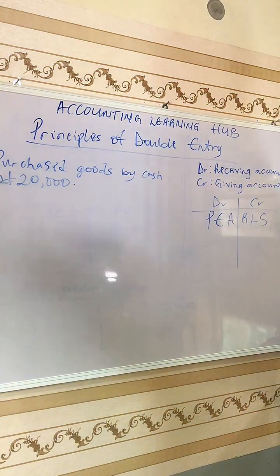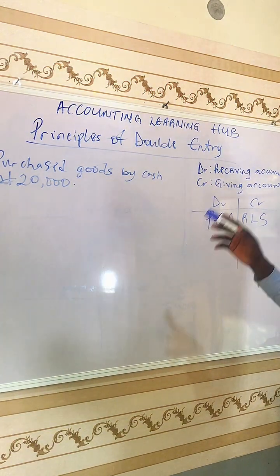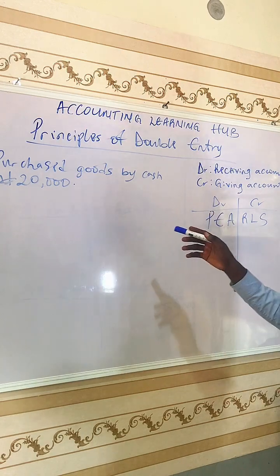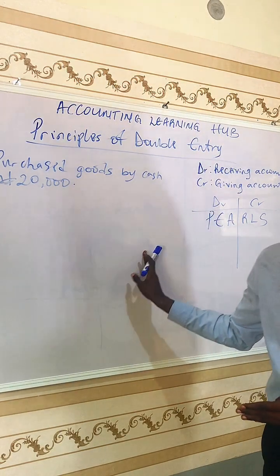Now, let's follow the rules. The first thing is to identify the transaction, and we can see that this is a cash transaction because it is written here, purchased goods by cash.